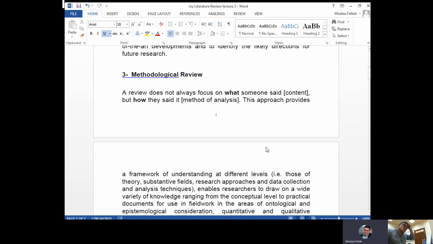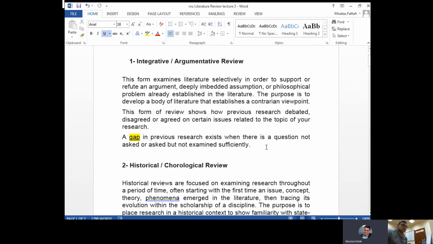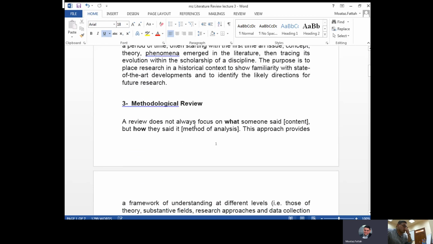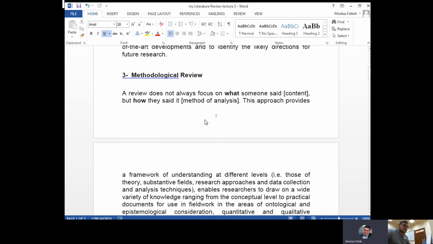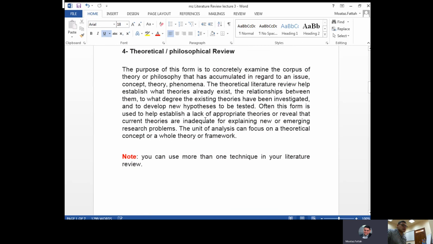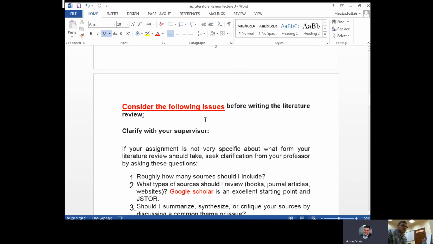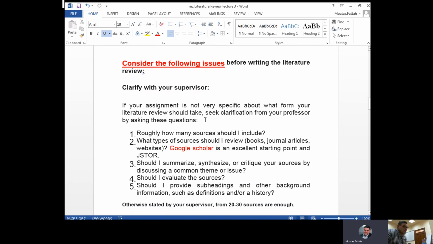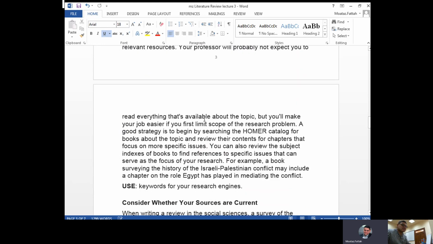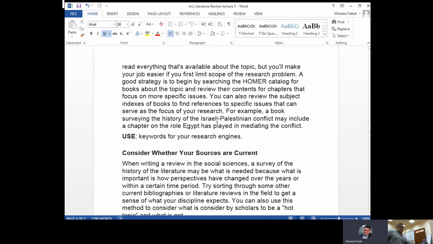So what I did here today is simply to show you how you can do your literature review in this way. I'm going to pass to our colleagues something that I wrote. You can just see how I do literature review when I do my research. Again, I'm not the best example. Your supervisor is the one in charge of guiding you, but keep what I said in mind, because that's almost, I wouldn't say consensus, but what most researchers do in political science and social sciences in general.